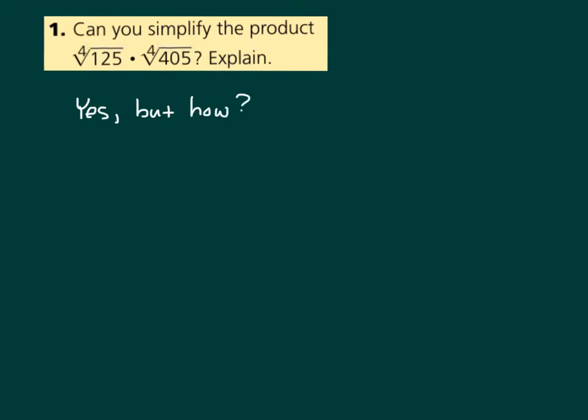But how do we simplify it? You could multiply 125 by 405 and say that we have the fourth root of whatever that is: 50,625. Noticing that this is still a fourth root, we would have to simplify that. 50,625 is a large number, and we don't like large numbers, do we?